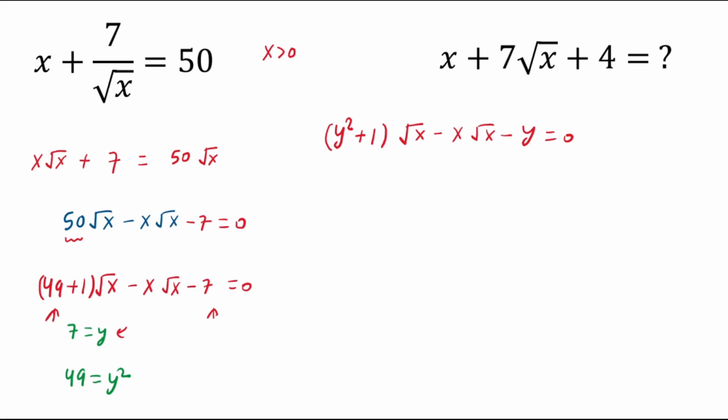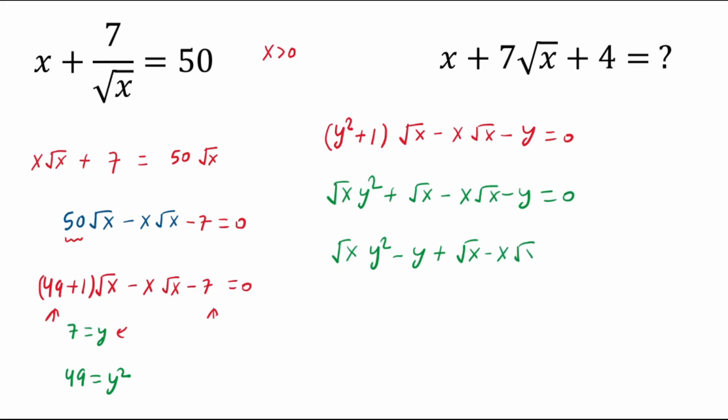Now multiplying square root of x inside the bracket, square root of x y square plus square root of x minus x times square root of x minus y equals 0. Rewriting again: square root of x y square minus y plus square root of x minus x times square root of x equals 0.